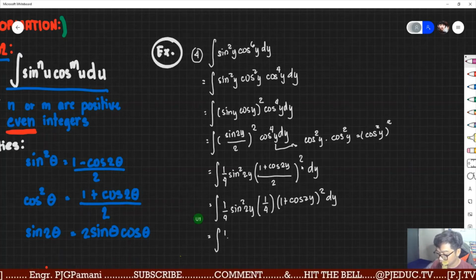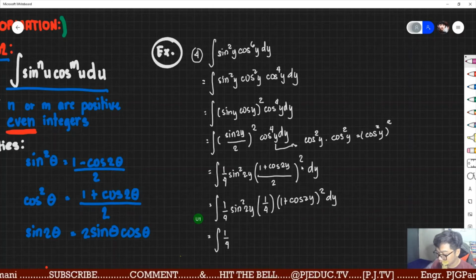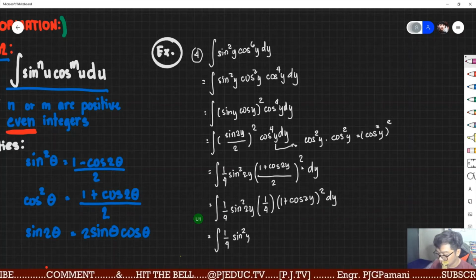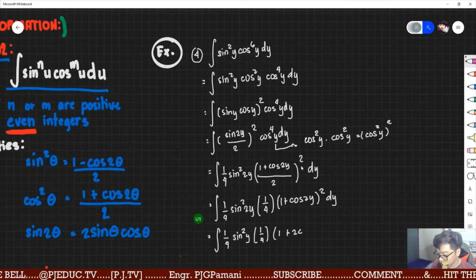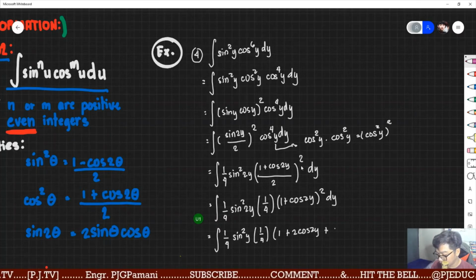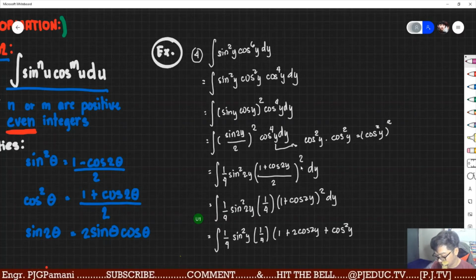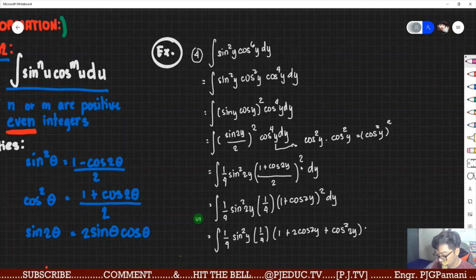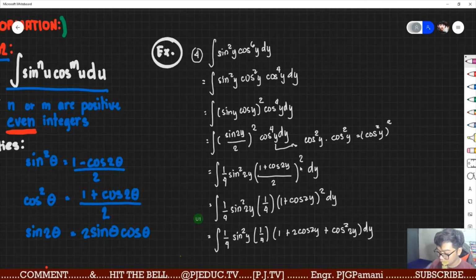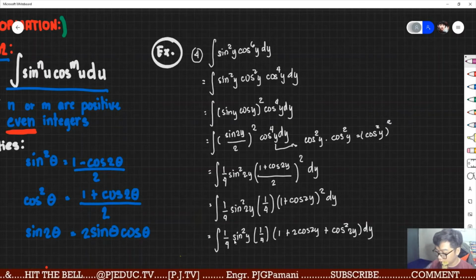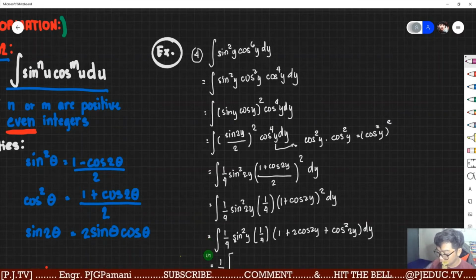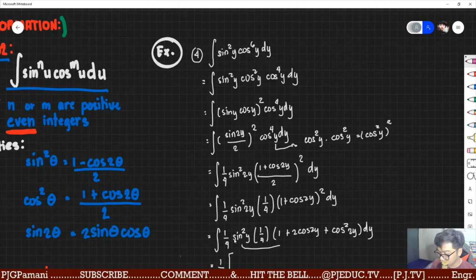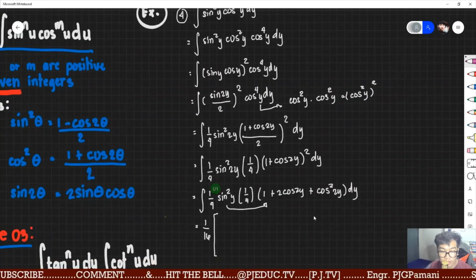Mamaya ko na i-distribute yung constant ha para makita natin kung saan natin gagawin ng maayos. 1 plus 2 cosine 2y plus cosine squared 2y dy. Okay? Kunin na natin yung ating constant na 1/4. That is already 1/16. Mamaya natin siya i-distribute. Distribute natin si sine doon sa ating open close parenthesis na terms.